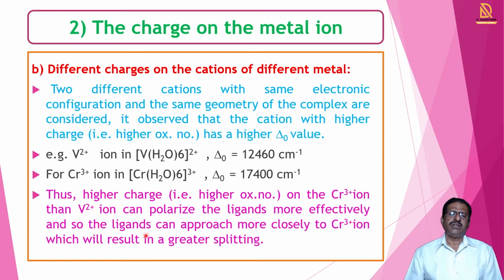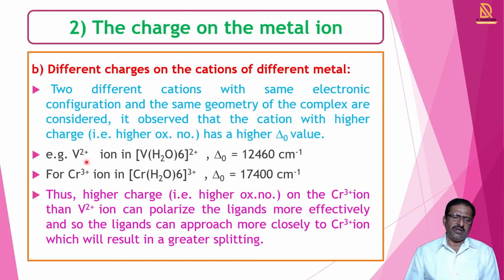Then we take the second point in this case, different charges on the cations of different metals. When two different cations with the same electronic configuration and the same geometry of the complex are considered, it is observed that the cations with higher charge have higher delta values and form stronger complexes.